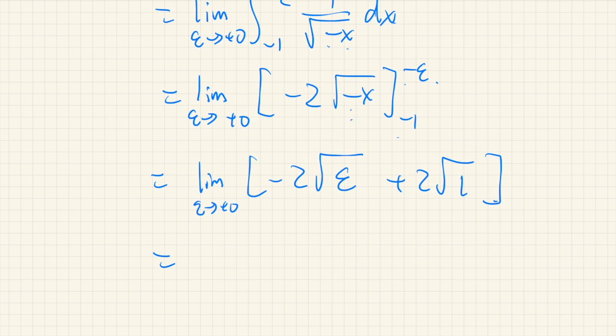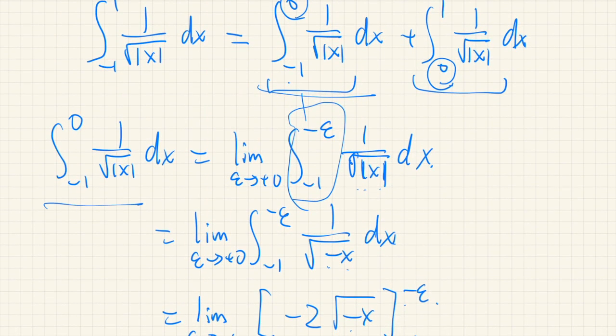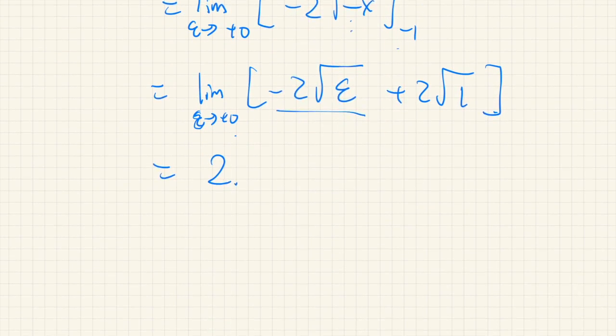If we move epsilon towards 0 from the right, then this converges to 0, and we have 2 here. So the first integral becomes 2. And what about the second integral?